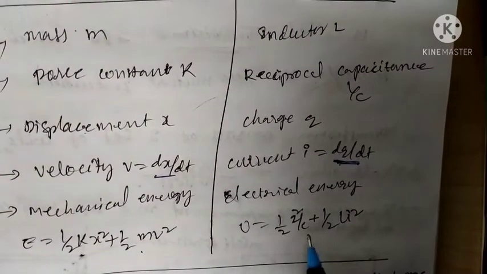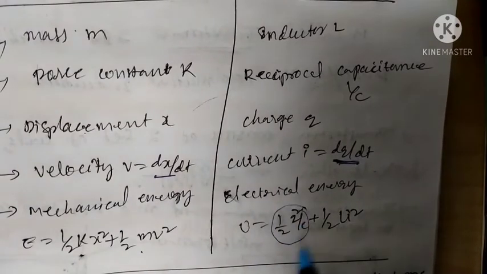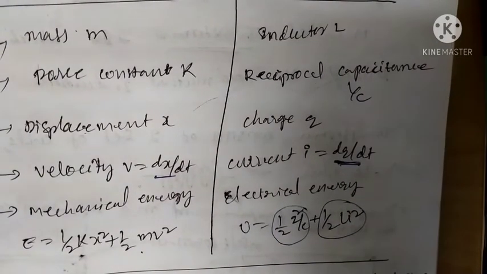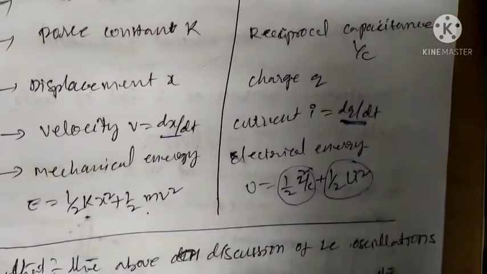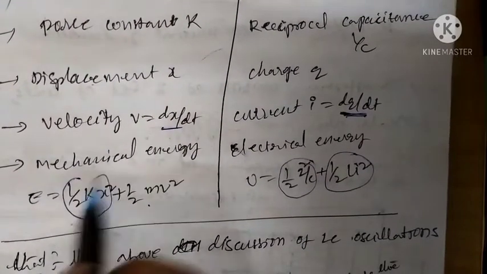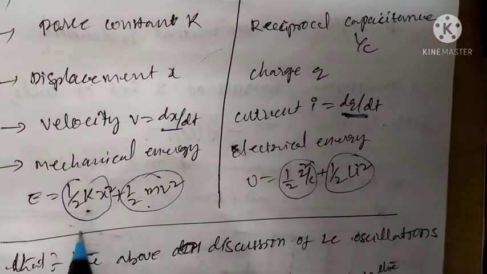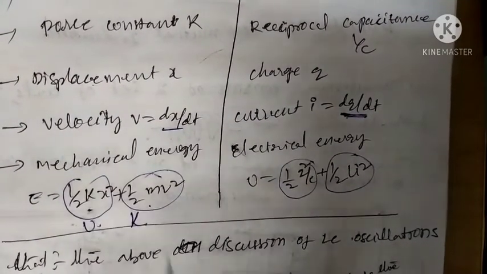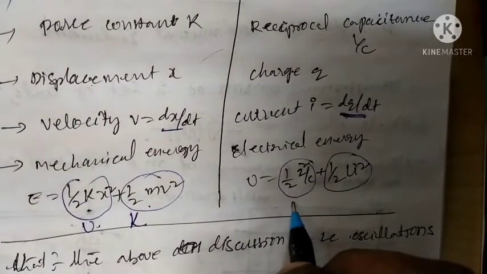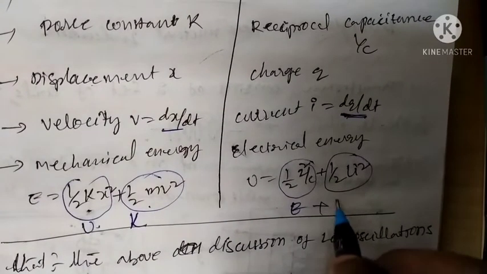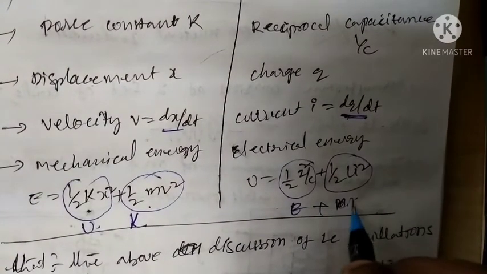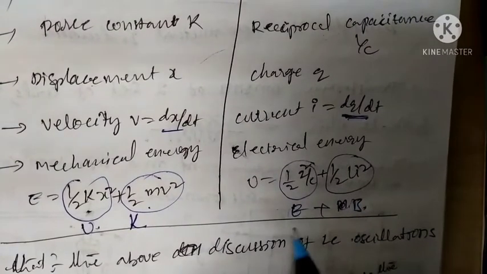That is in the case of electrical energy. This is the electrical energy, and this is the magnetic energy, the potential energy and the kinetic energy. This is electrical energy plus magnetic energy, with magnetic field B and electric field.